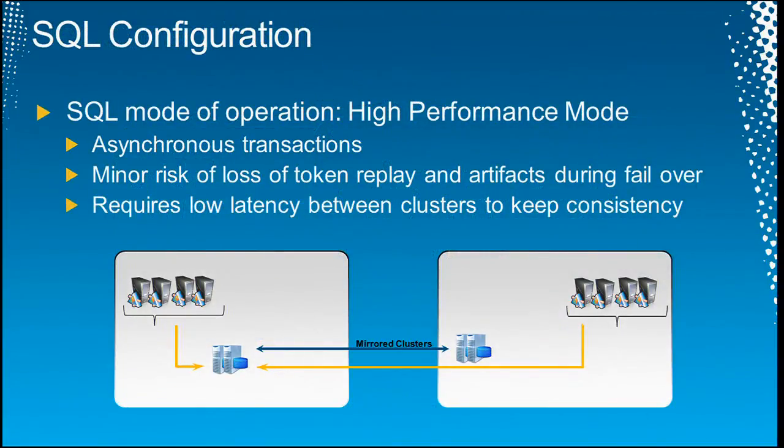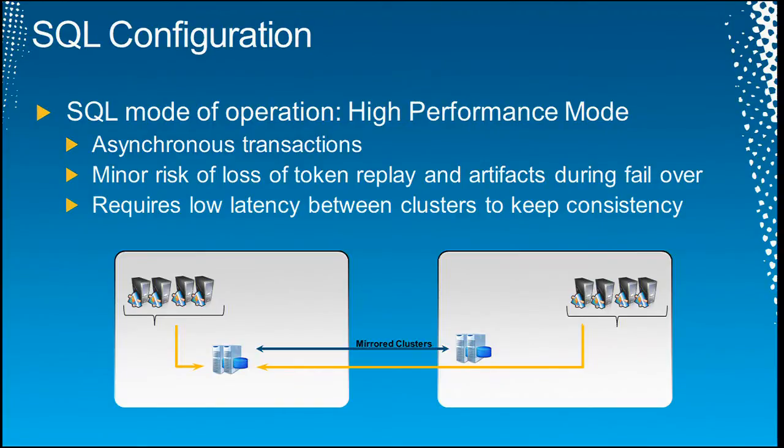Our SQL mode of operation, so there's like 3 different ways that you can configure SQL for high availability. We have SQL configured in what is called high performance mode. And what that means is that the SQL cluster is performing asynchronous transactions.